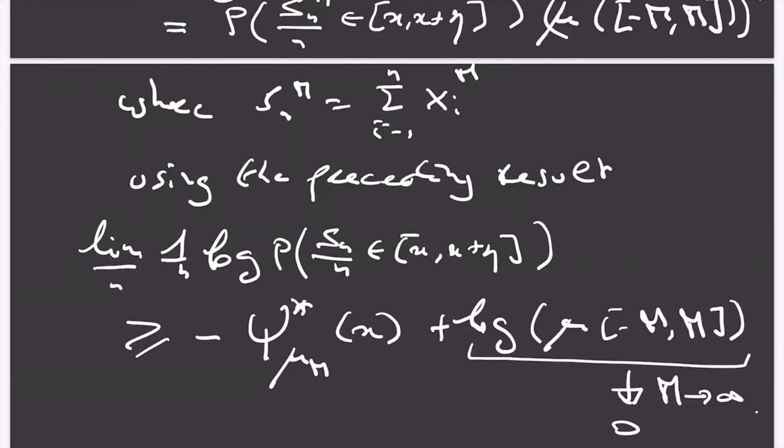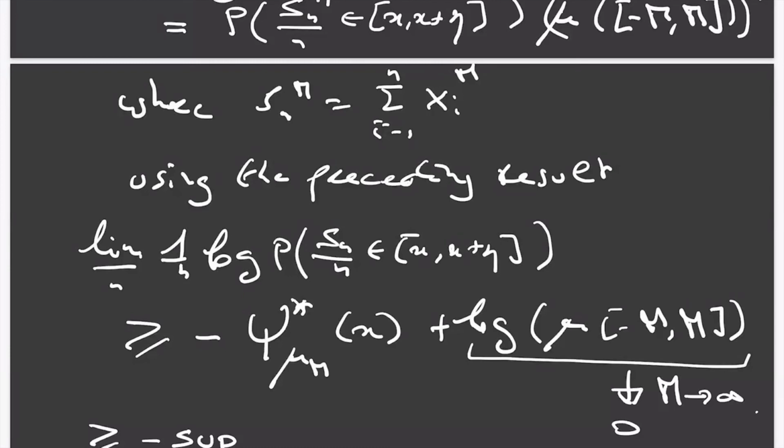And this guy here is simply the log of the moment generating function of the distribution mu m. So at the end of the day, what you get is that this is larger than minus the sup. I express what is the dual of this log generating function.